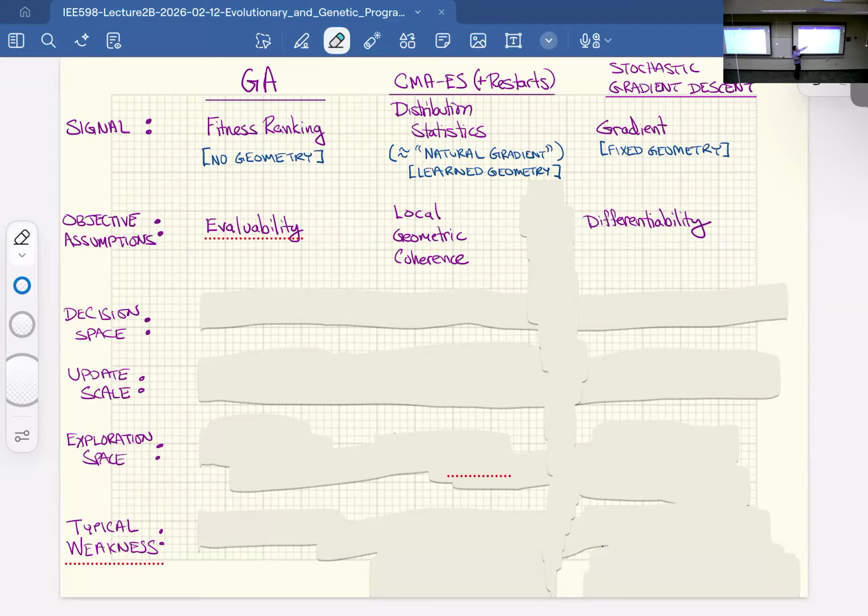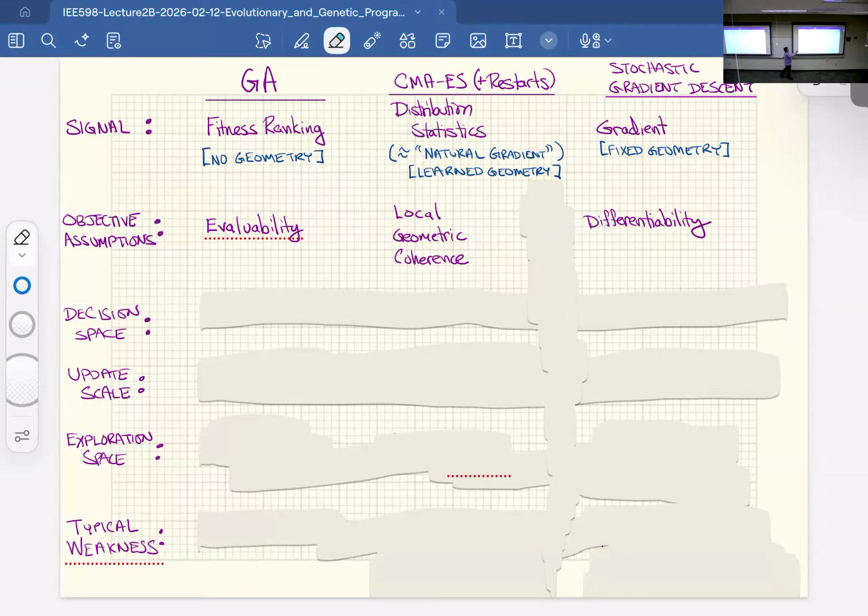Contrast that with CMA-ES, you're assuming some local geometric coherence. So what we mean by that is if you sample enough, there will be statistical tendencies that you can depend upon. So it's this idea that I can learn an underlying shape, there is a response surface that can be fit to the data in a reliable way.